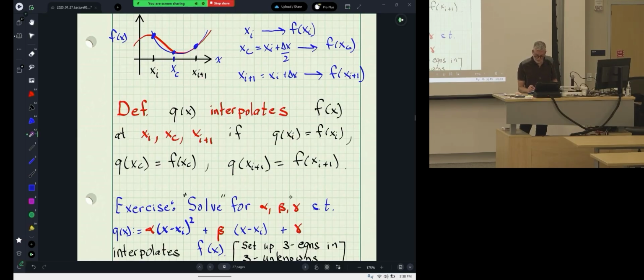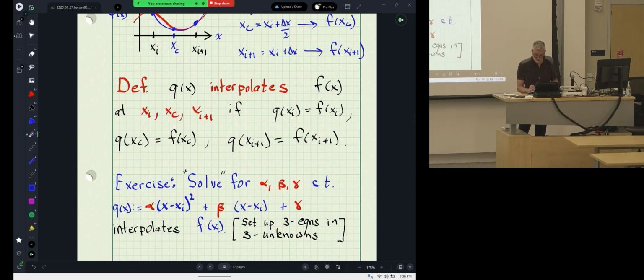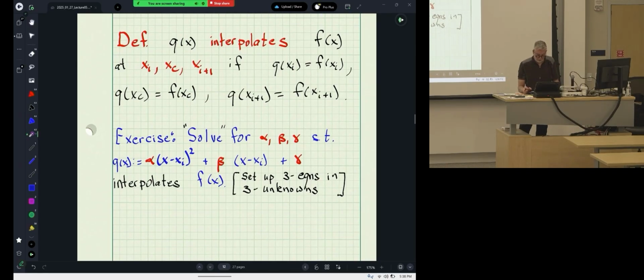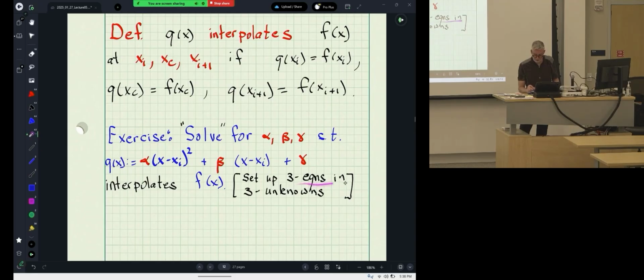Write down the equations that these three things need to solve. You don't have to solve the equations just yet, but set up three equations and three unknowns such that for a function f of x, this polynomial interpolates it.